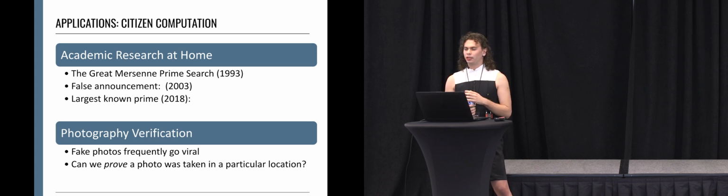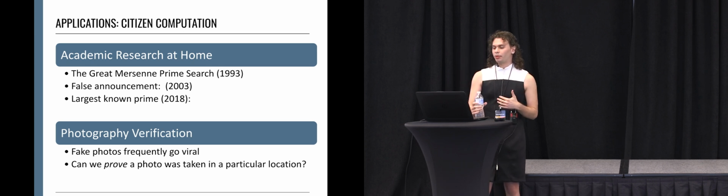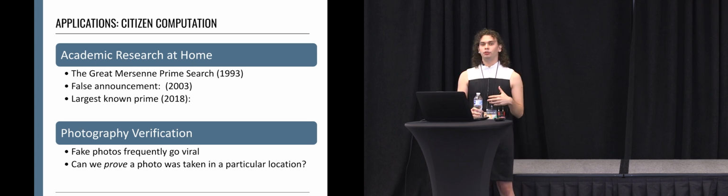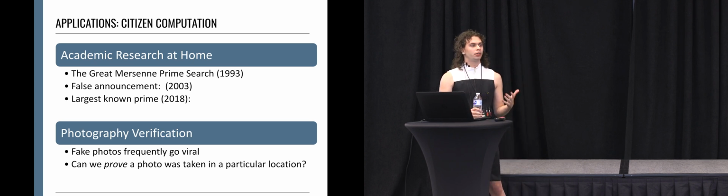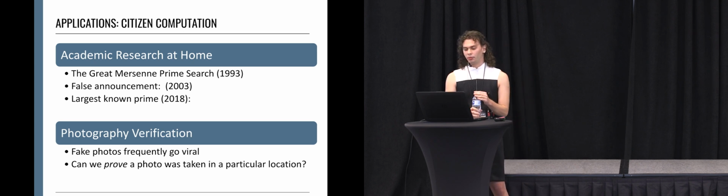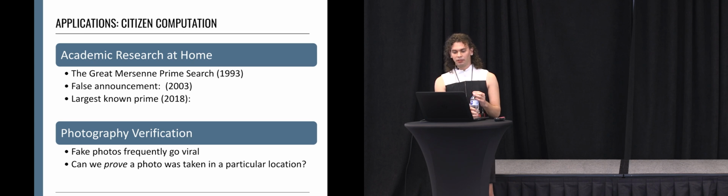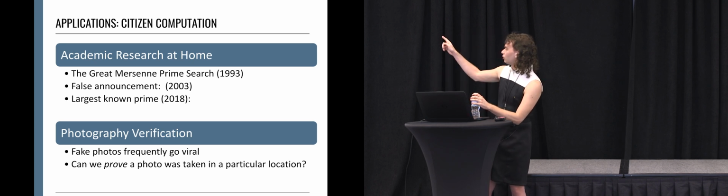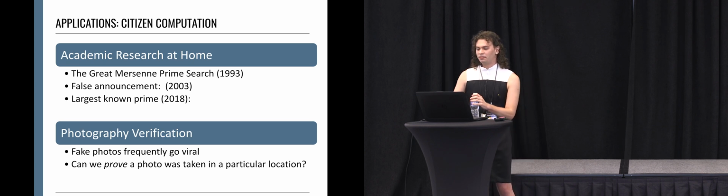They never quite figured out exactly what happened, but one of the primary hypotheses is that the people who were performing the computations, as well as other people who were checking those computations on their own devices at home, decided to incorrectly report the result. It was eventually caught and the announcement was retracted, but it was quite sad and vaguely embarrassing. And just as a little fun fact, I wanted to share that that is the largest known prime. It's a very, very large number.